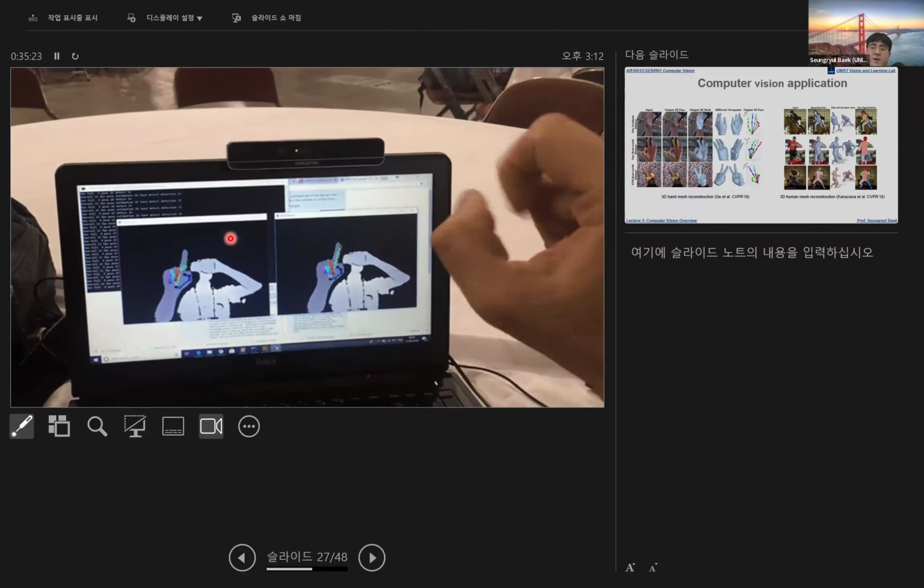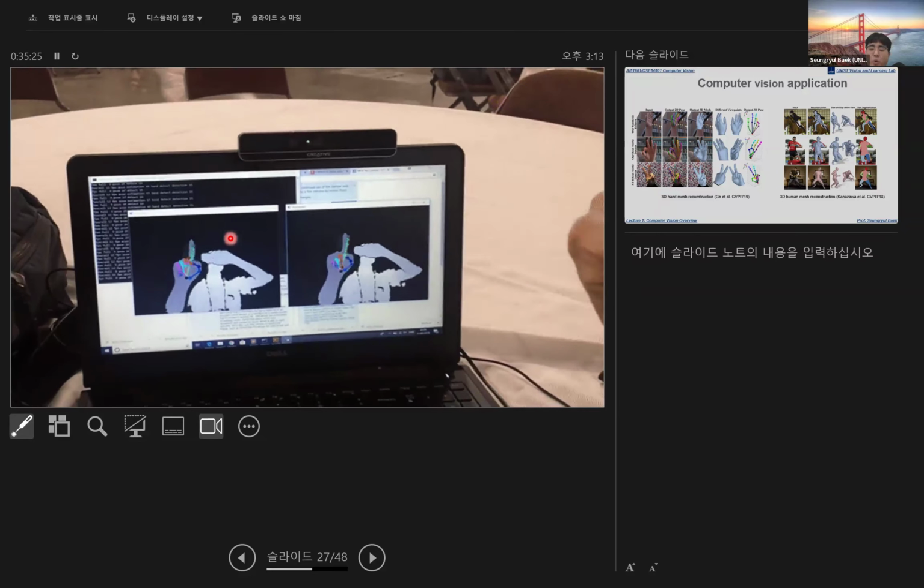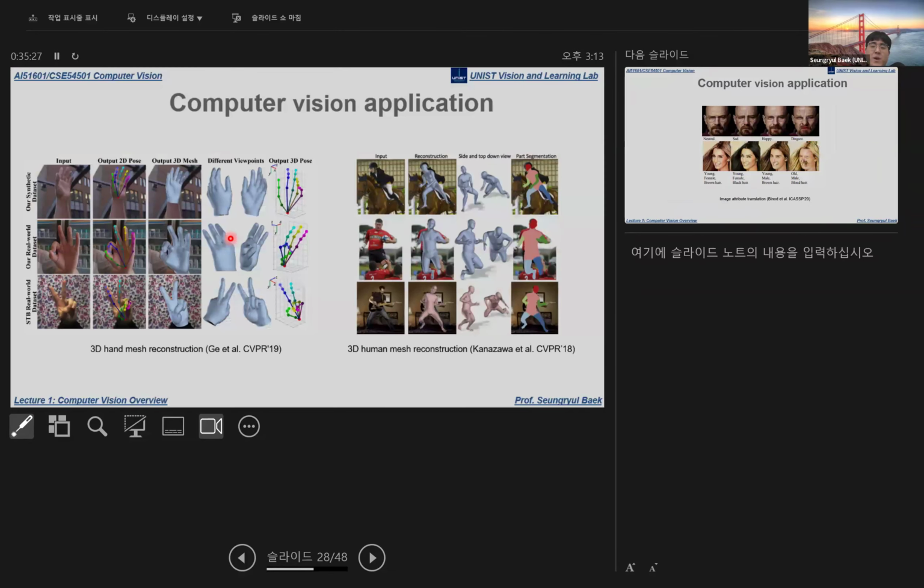The other application is the pose estimation task. Pose estimation reveals the 3D or 2D structure of a given hand or human image. For facial images, we also have this type of predefined topology structure.